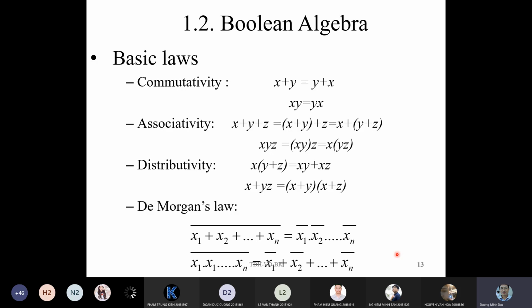So actually this law is very simple, and someone may think, okay, this is obvious, why do you have to say that? Okay, all of us know. But there are two things that benefit you from this commutativity law.